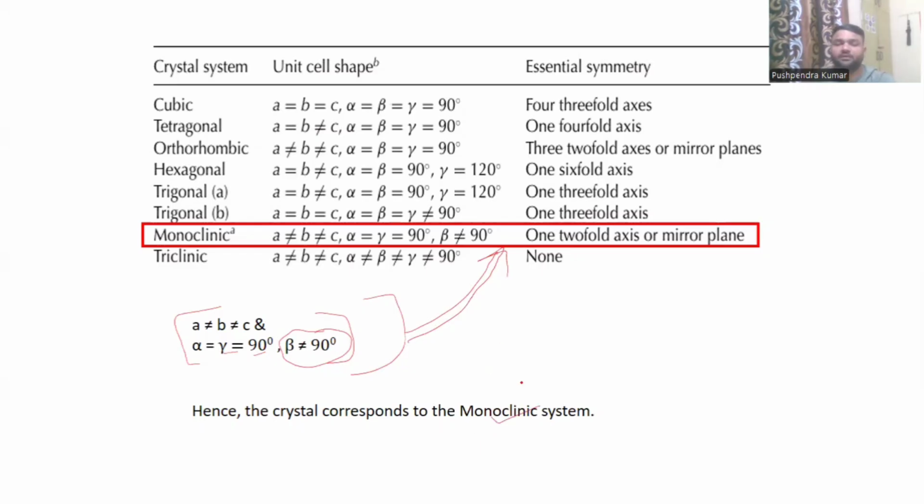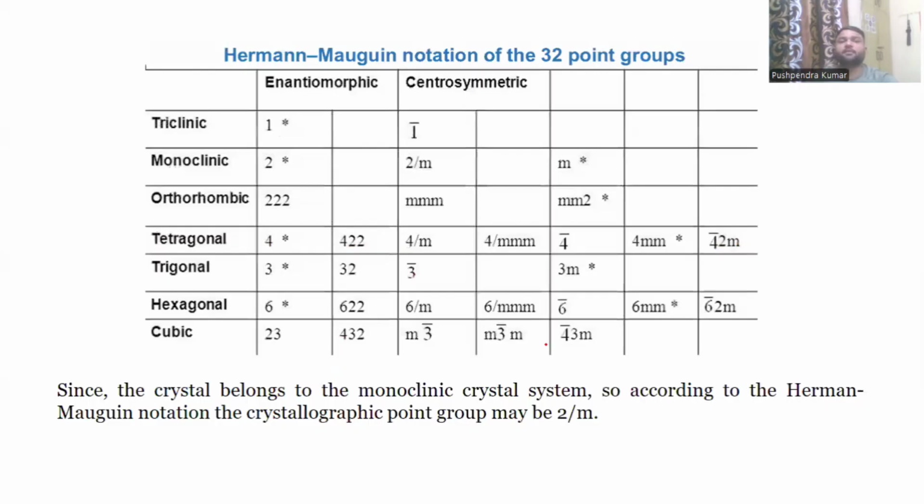Now let's move towards the point group of this crystal system. From the Hermann-Mauguin notation, we can see that for the monoclinic system, there may be point groups like 2, m, or 2/m.